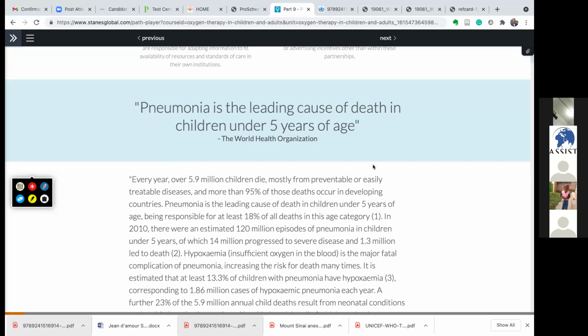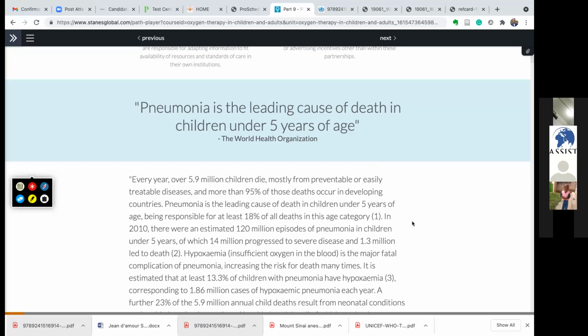Every year, over 5.9 million children die, mostly from preventable and treatable diseases, and more than 95% of those deaths occur in low-income countries. Pneumonia is the leading cause of death, responsible for about 18% of all deaths in this age category. This will be very relevant for our discussion today.